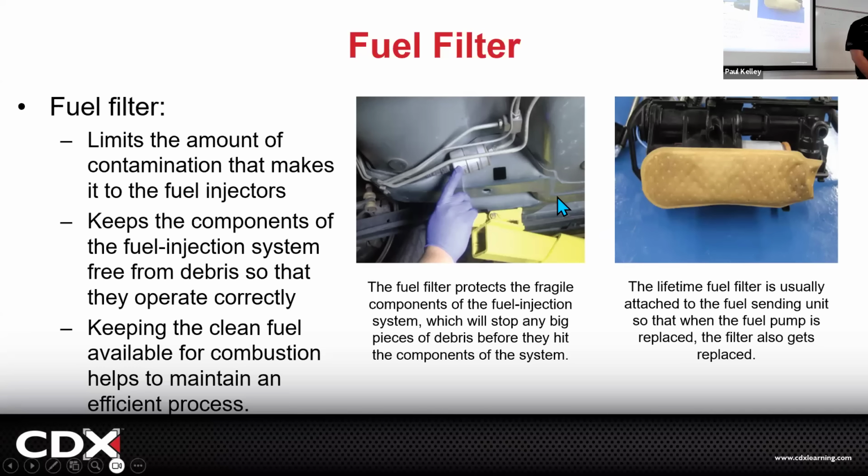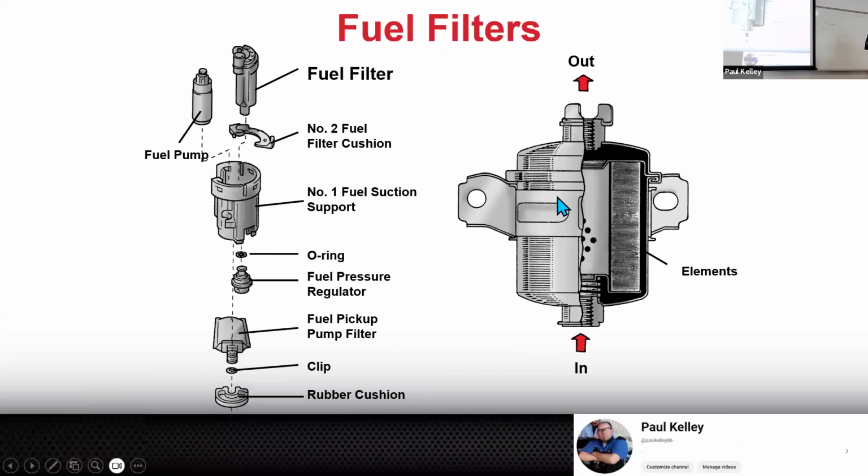Cool. And then if it's broken apart like this, you can see a lot of times fuel is going to come in, going to have to go through this type of a thing. That's just like the fuel sock. You know, there's going to be a paper filter or some kind of fabric. There's going to be some sort of a filter and it'll filter down to a certain amount of microns.